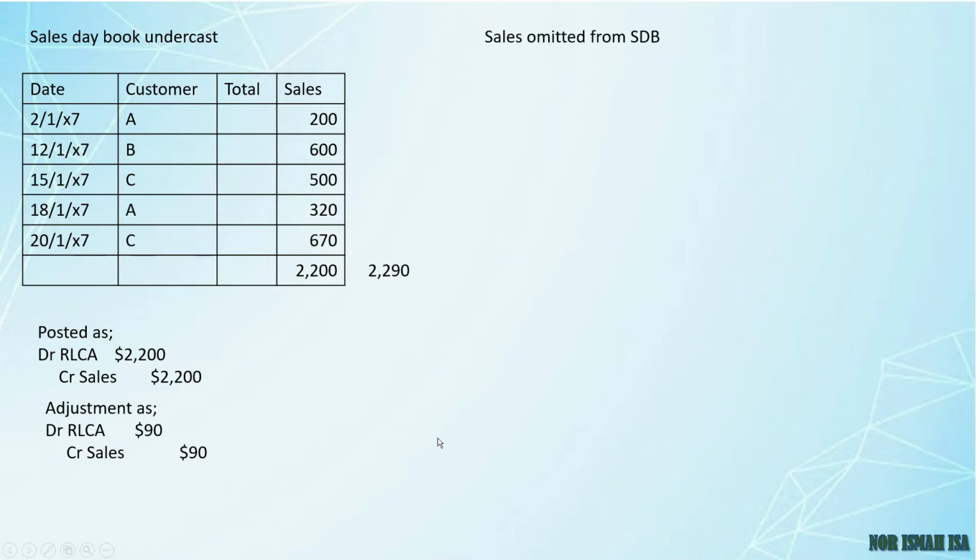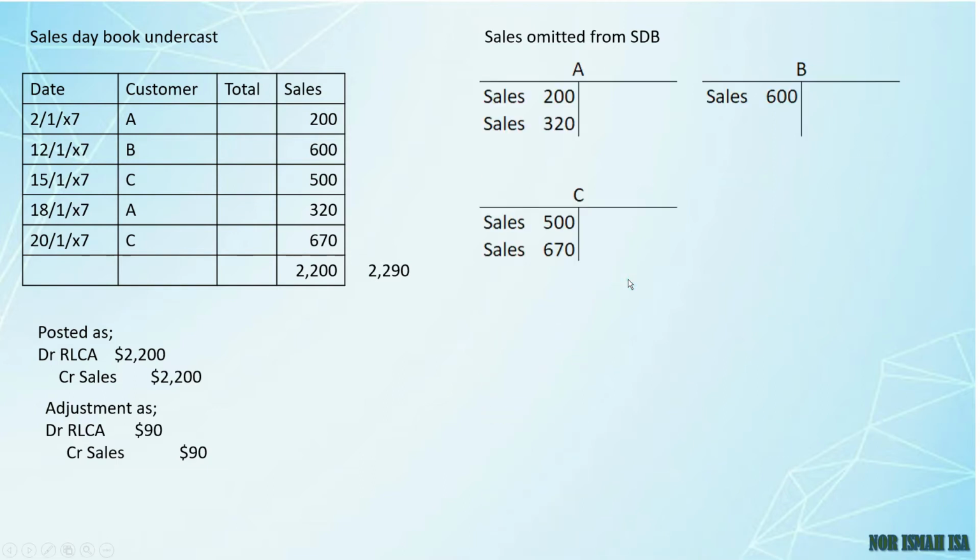Another mistake in the receivable ledger control account is sales omitted from the sales day book. This is an example of the customer accounts that have been recorded in the receivable ledger. We have customers A, B, and C, correctly recorded in the receivable ledger.